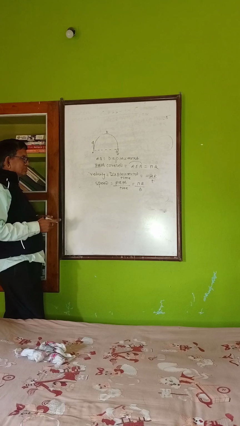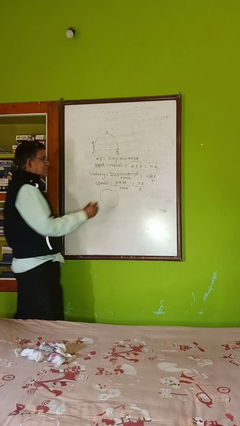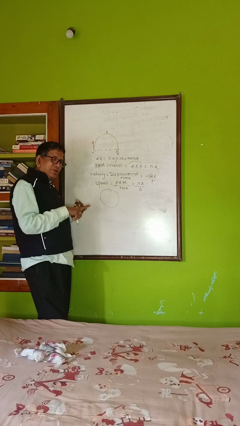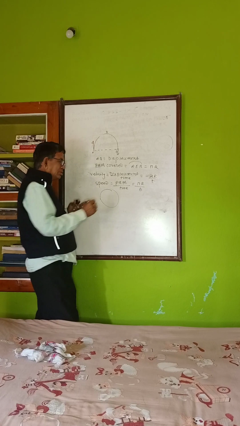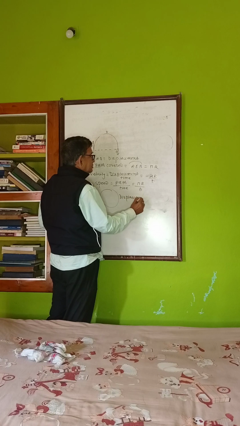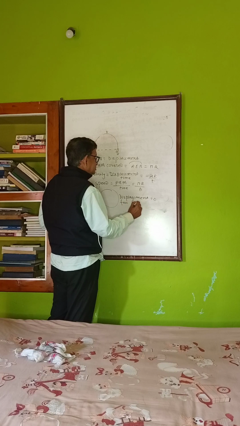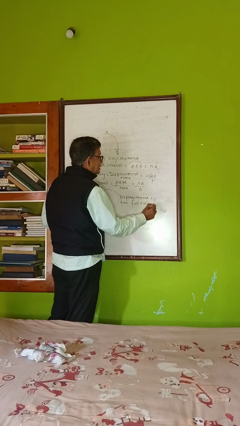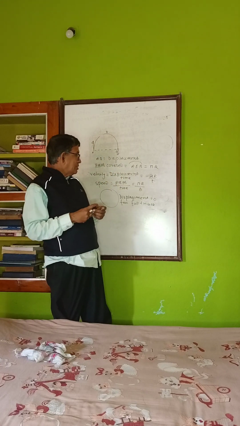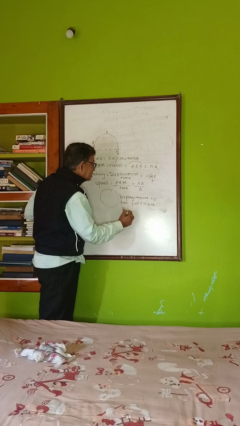Is it clear? If it completes the circle, then the starting point and finishing point are the same point. So the shortest distance is 0, so displacement is 0 for the full track. But you must always remember that distance is not equal to 0.